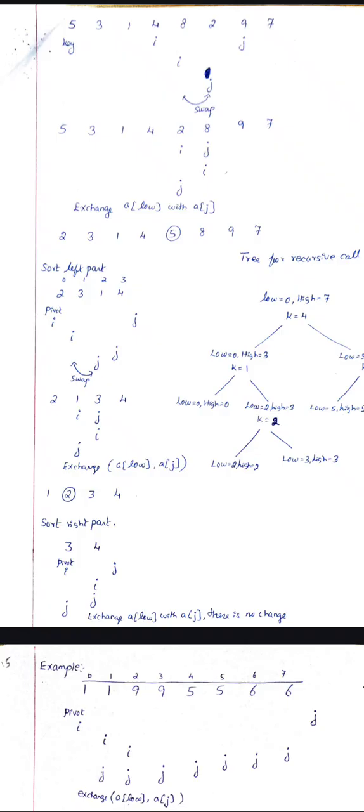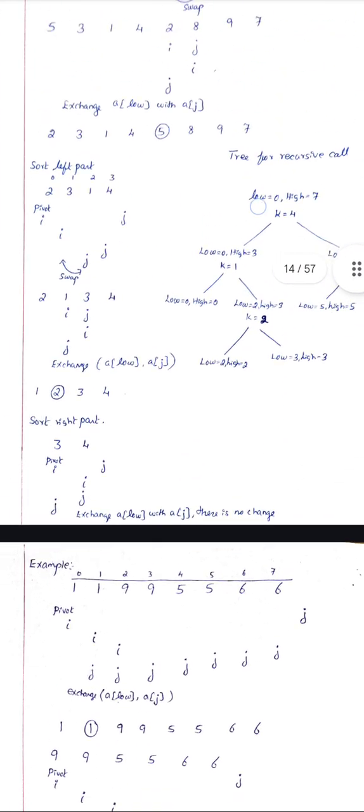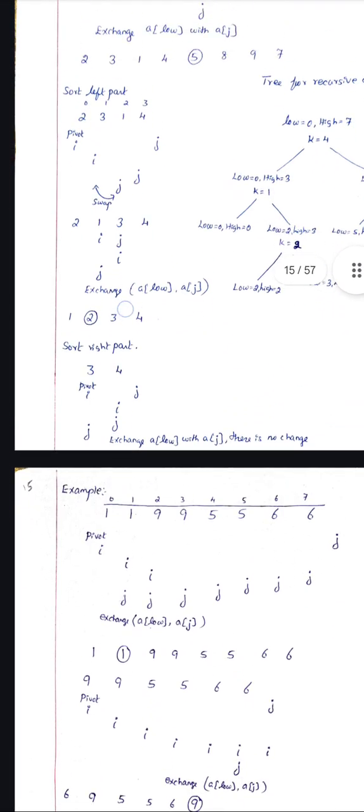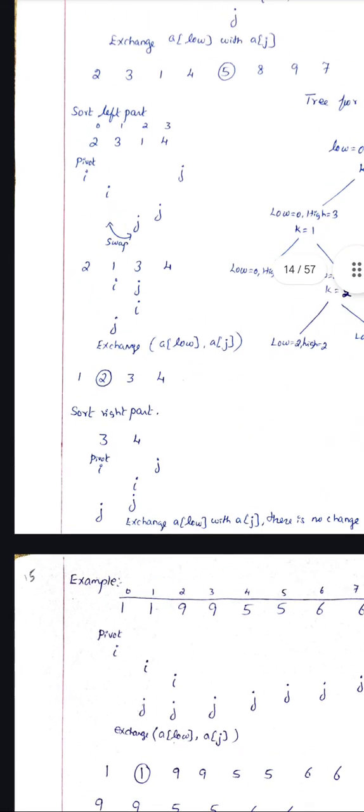What is A of low? It is 2. 2 comes in first position, then goes at the last position, the middle position. Then sorting the left part again. That gives us 2, 3, 1, 4.